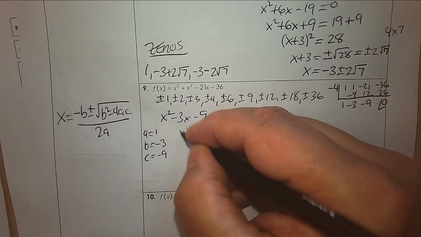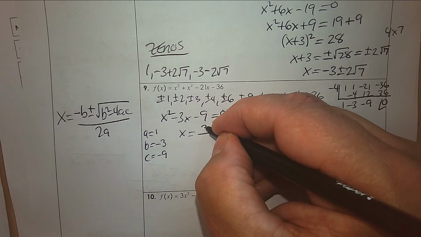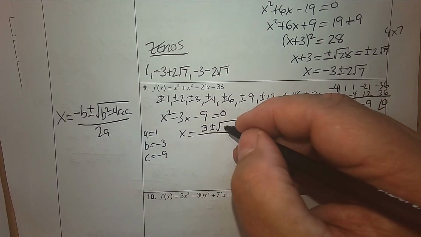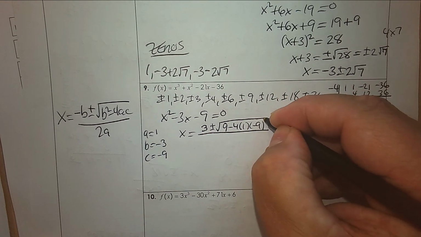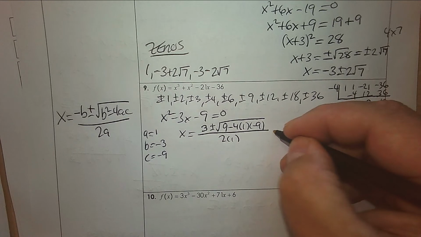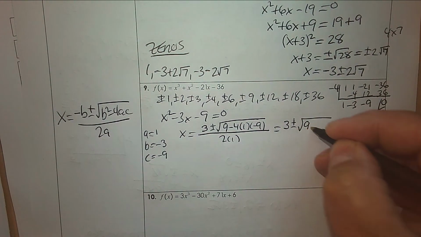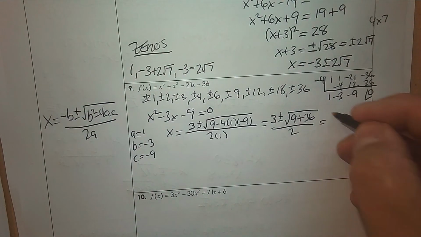So when I put this in, big fraction line, let's start. A negative and a negative makes it positive 3. Negative 3 squared is 9. A is 1, c is negative 9, and then 2a on the bottom. So let's simplify this. I get 9 plus 36 and that's 45.